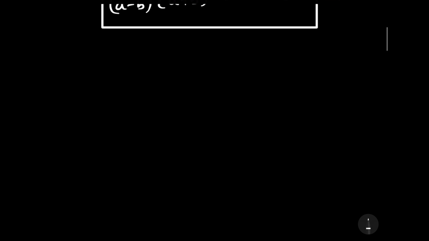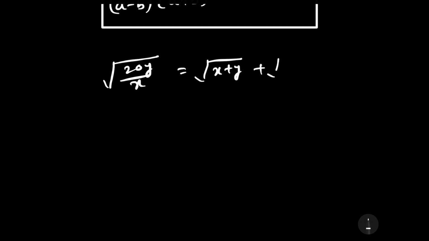Our first equation is square root of 20y upon x is equal to square root of x plus y plus square root of x minus y. This is our first equation.